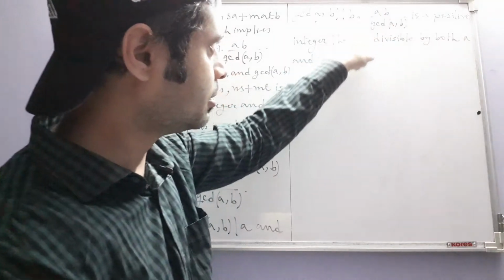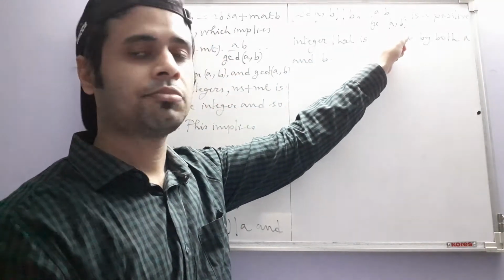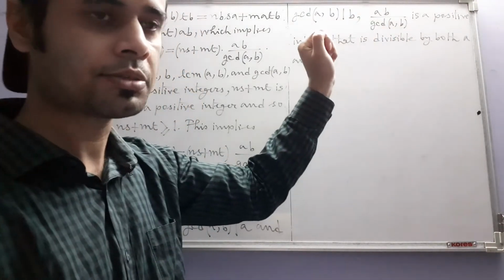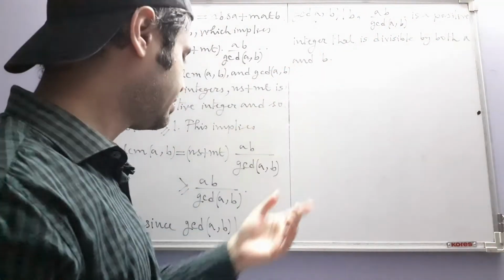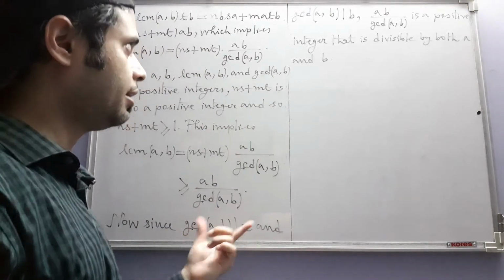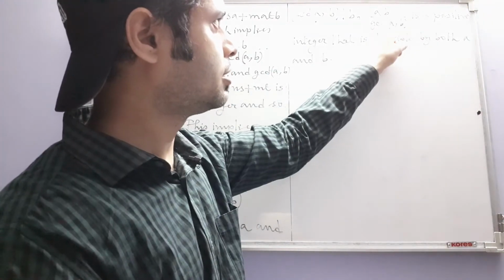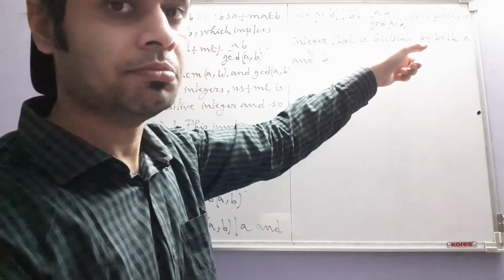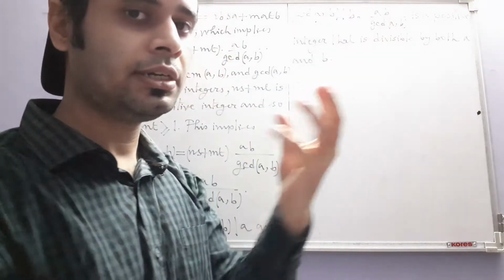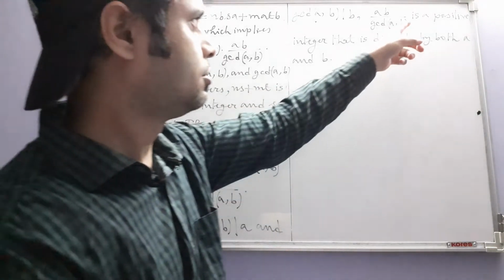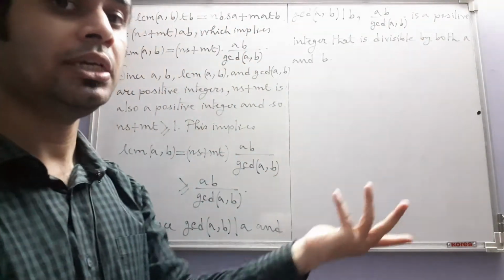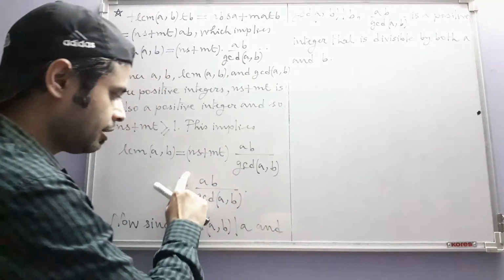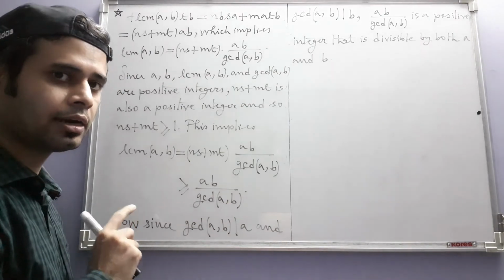So that means this product is a positive integral multiple of a. That means a divides this product. Just like that, because GCD divides a, you can consider this product also like a divided by GCD times b. That a divided by GCD itself is a positive integer. So this is a multiple of b too. b also divides this. That means this is a common multiple of a and b.